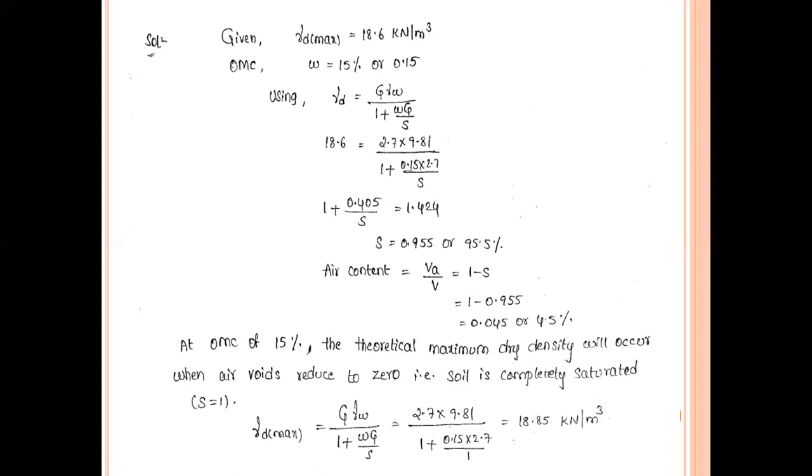It is the maximum dry density. So when the soil is completely saturated, the air voids reduce to zero, and the maximum dry density gamma D maximum equals 18.85 kilonewton per cubic meter.